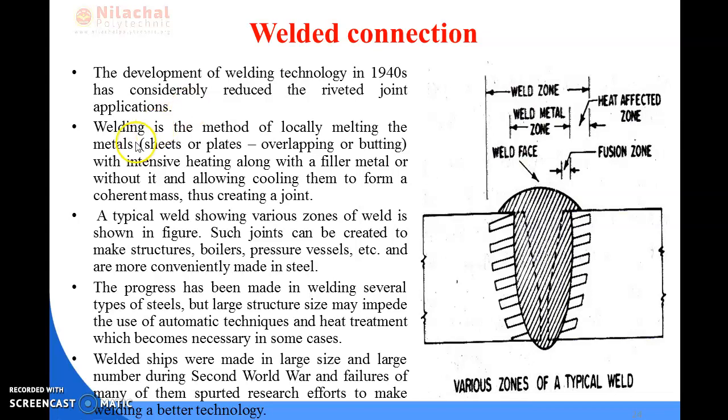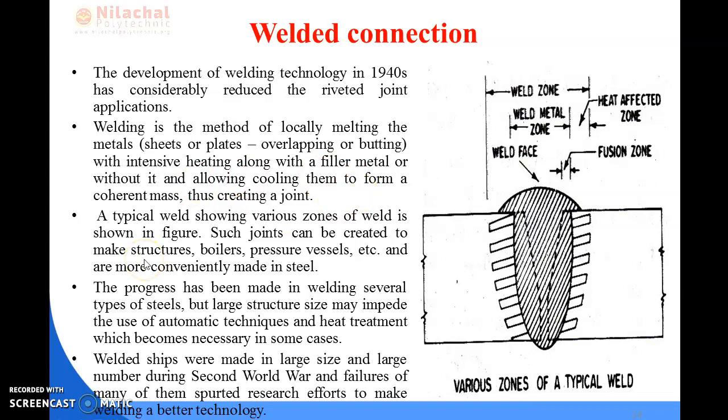So, next thing, welding is the method of locally melting the metals, that may be your sheets or plates, and overlapping or butting them with intensive heating along with a filler material or metal, or without it, and allowing them to cool to form a coherent mass, thus creating a joint.